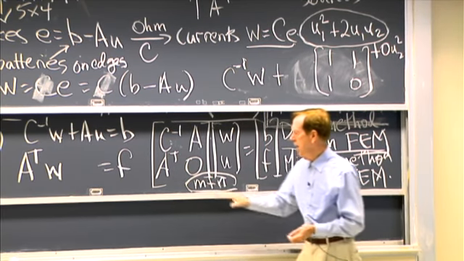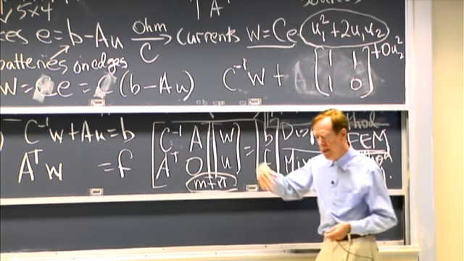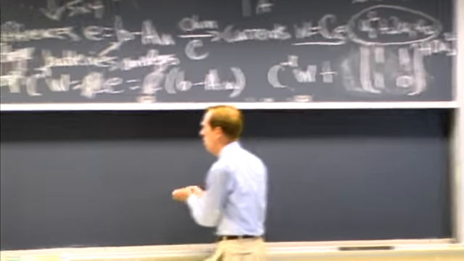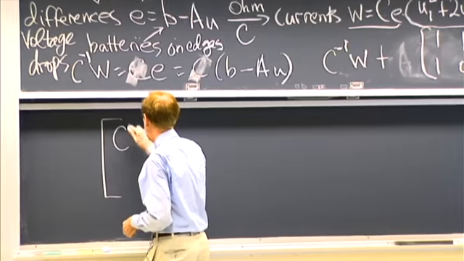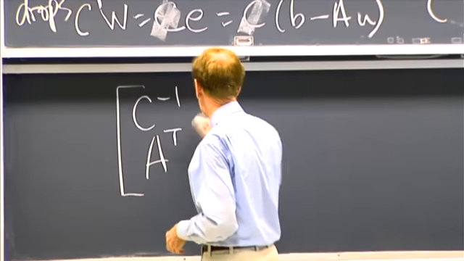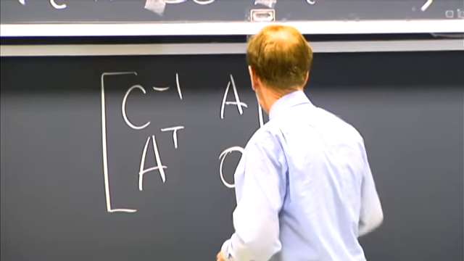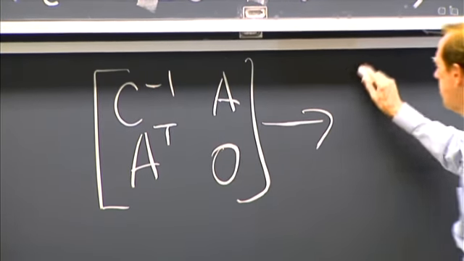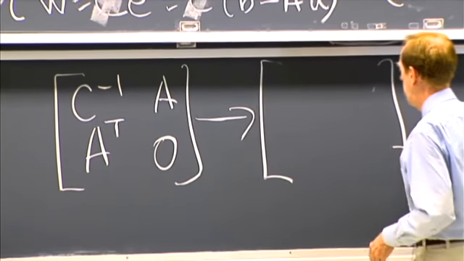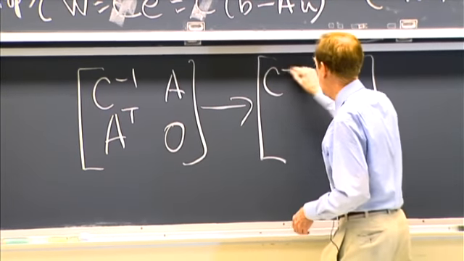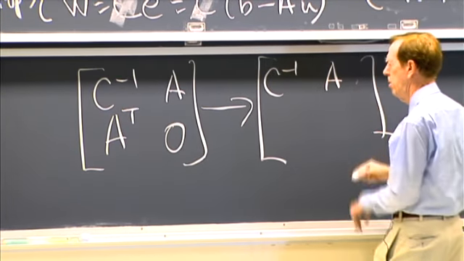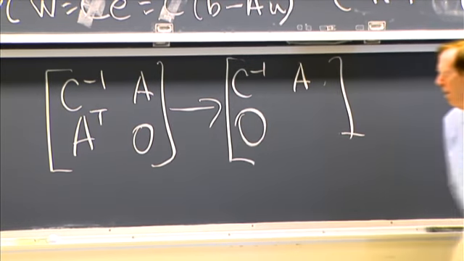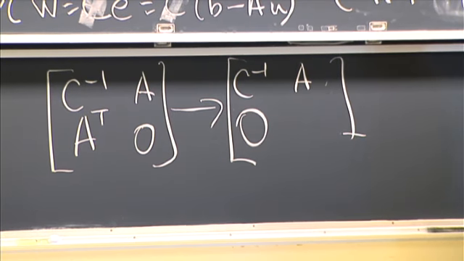And then I get down to where A comes in the picture. So on the last board here, let me just copy this matrix, C inverse, A transpose, A, 0. And elimination is going to be very happy with that block row. It's going to do an elimination to get a bunch of zeros there. What did it do?